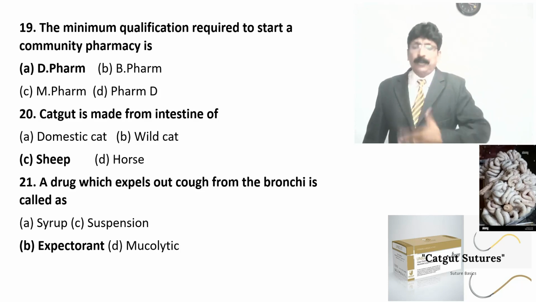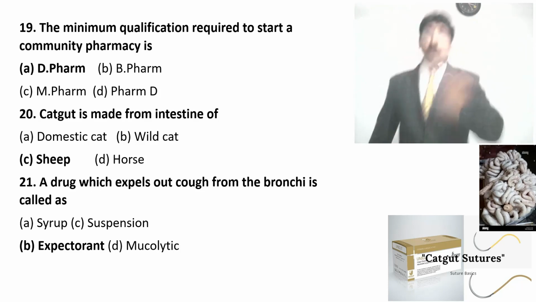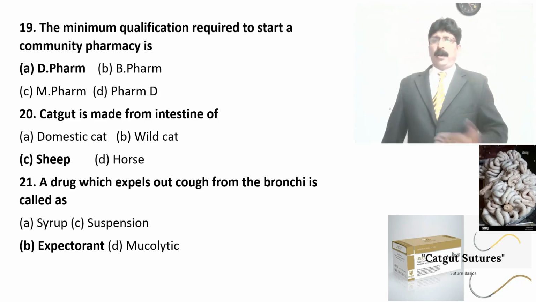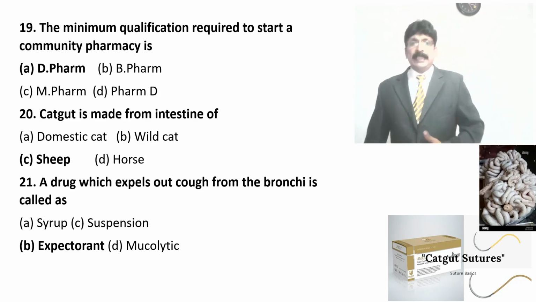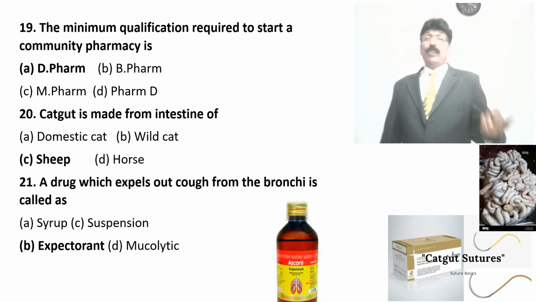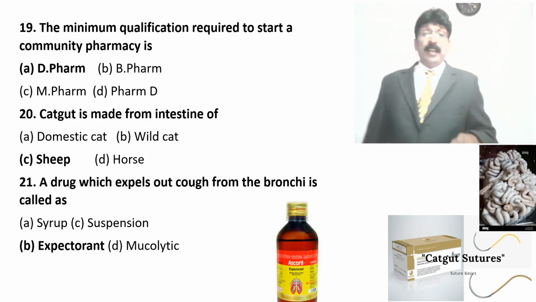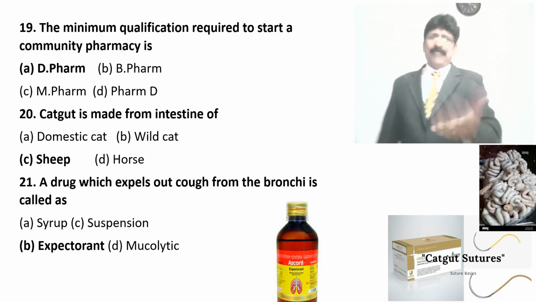It will be expelled means you need something which will induce the ciliary movement to expel it externally. So that can be given by an expectorant, that is the answer. They are given a choice of syrup, suspension, mucolytic and expectorant. Expectorant, Ascoril, I have just taken a picture to show you.